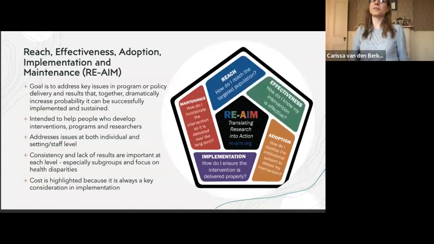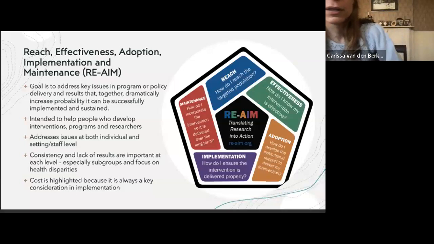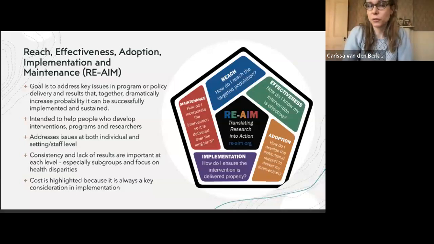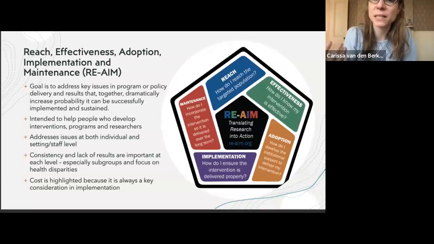So this brings us to the RE-AIM, which is kind of this middle ground simple model. The goal is to address these key issues in program policy delivery and results that, if you put them all together, increase the probability that it can be successfully implemented and sustained. This is intended to help people who develop interventions, programs, and other types of research.